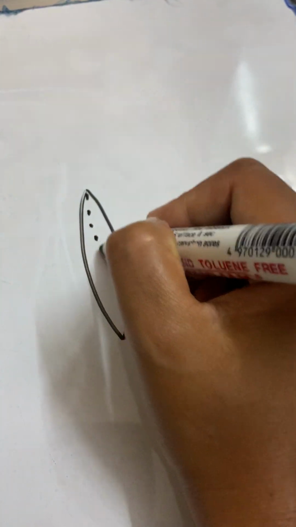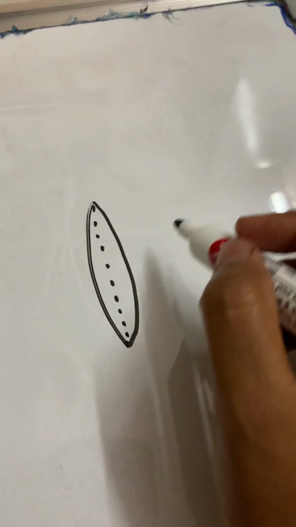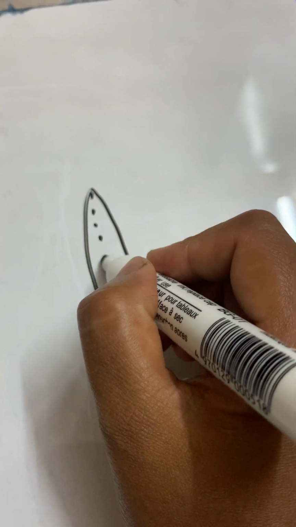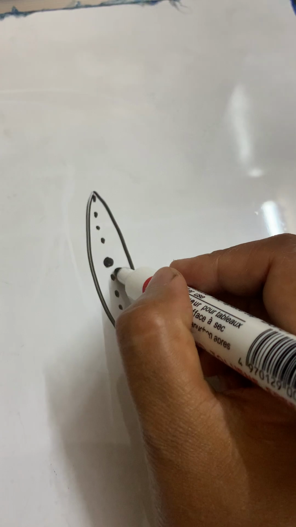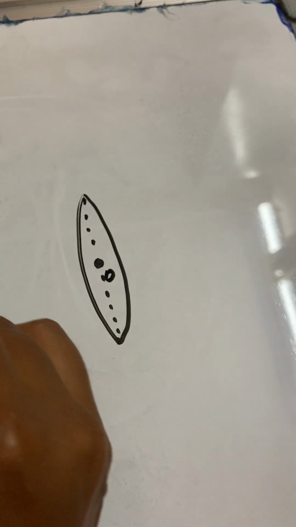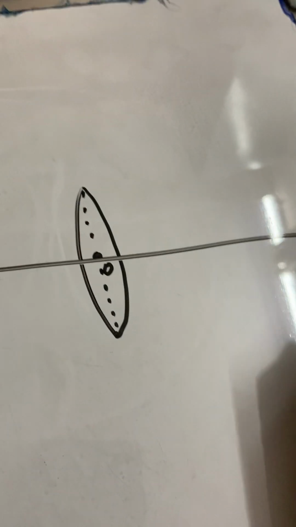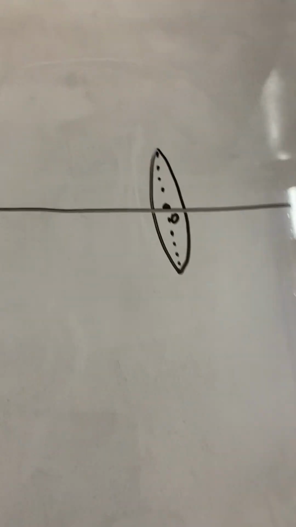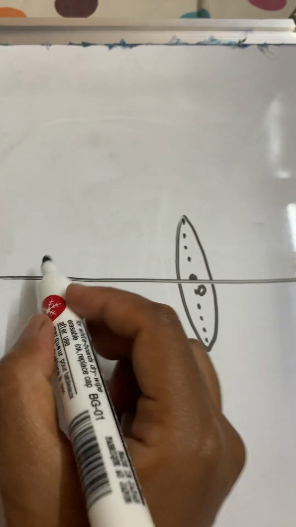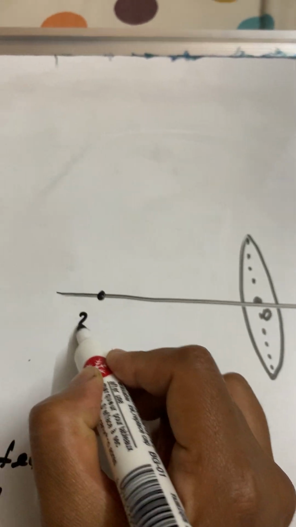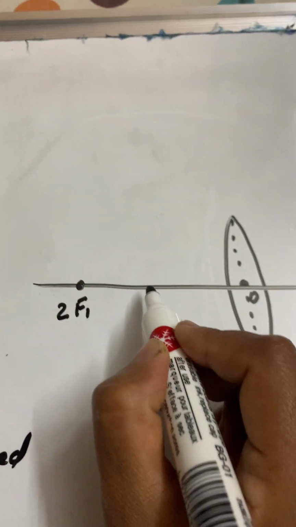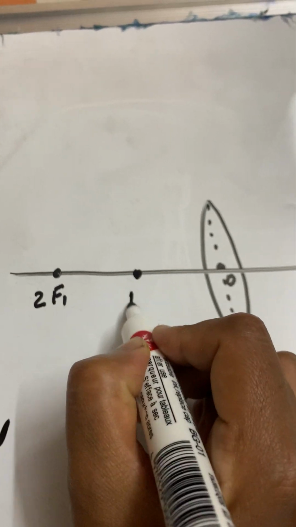Then you will make the aperture as a dotted line. Then the center of it is the optic center. You will denote it as O. Then you will make the principal axis. Then on equal lengths, first of all, you are going to choose 2f1. Then the midpoint of it, f1.